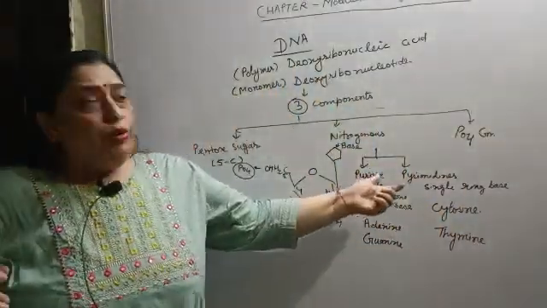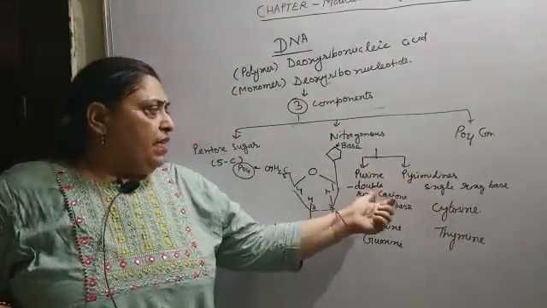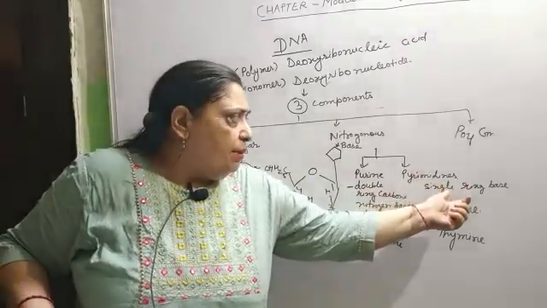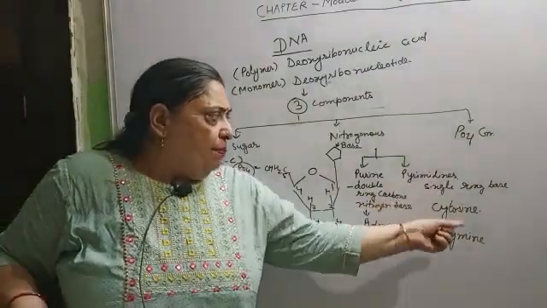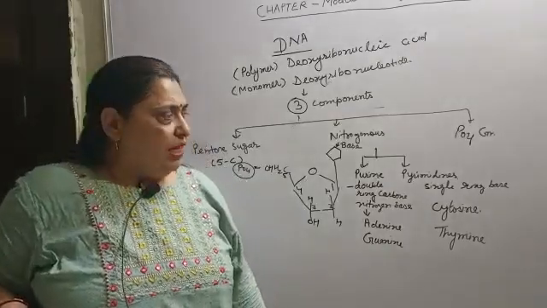So these are the two types of nitrogenous bases, purines and pyrimidines. Purines are made up of double carbon rings, and pyrimidines are made up of a single ring base. Purines are adenine and guanine, and pyrimidines are only cytosine and thymine in case of DNA.